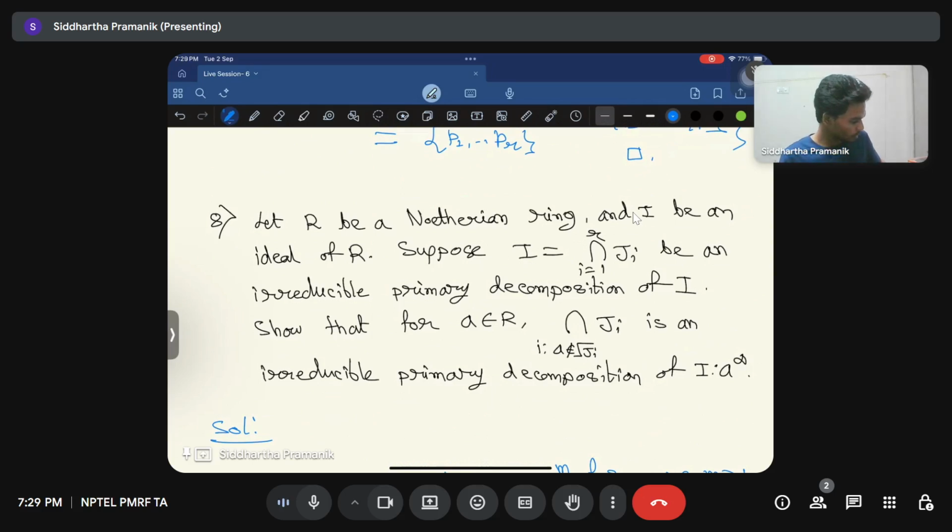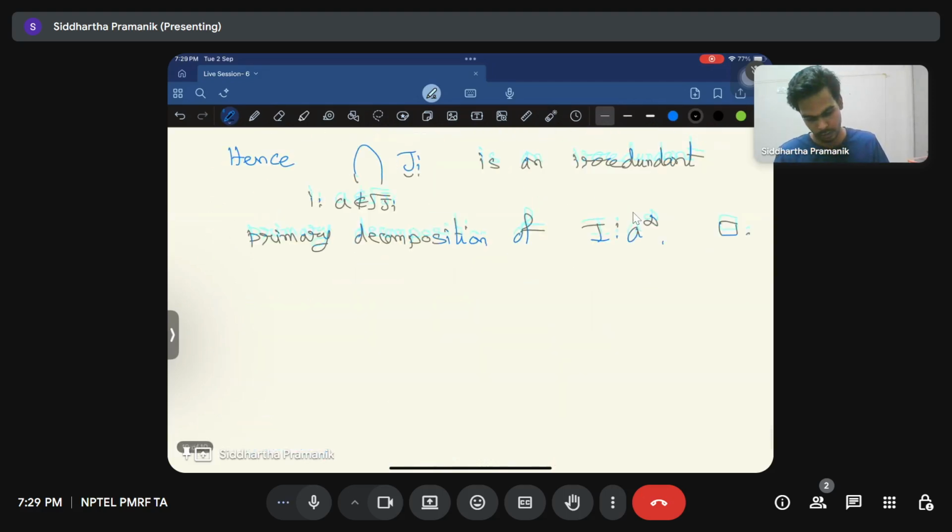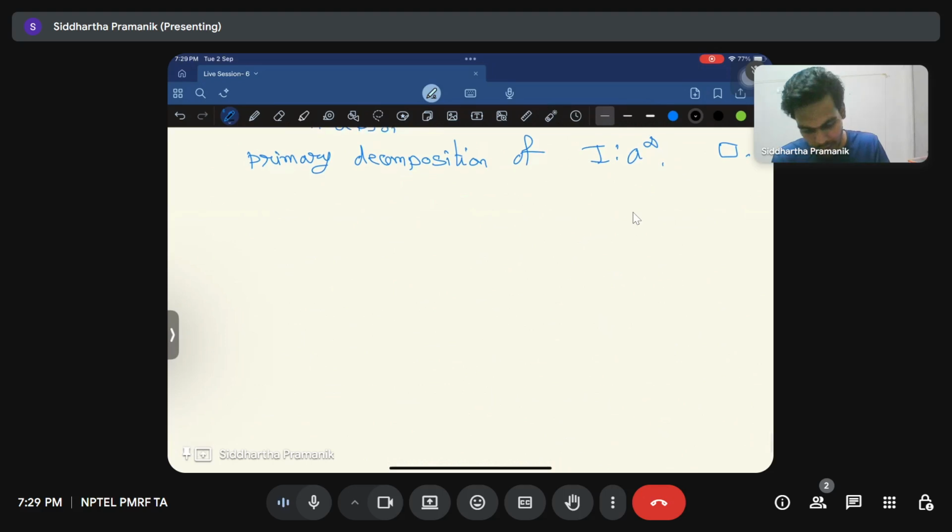Okay, now let's do some somewhat easier problems. So problem number 9. It is basically a true false type question.